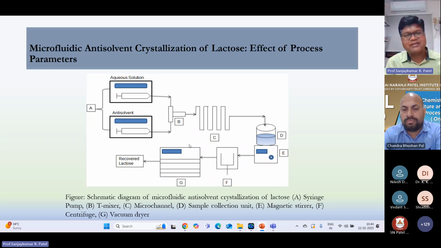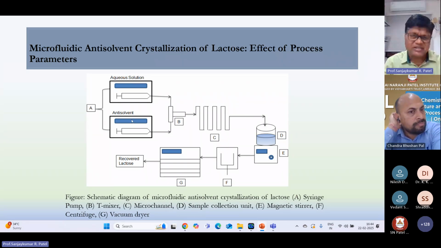So the anti-solvent is going in its layer, and the aqueous solution is also passing through this channel in its layer. Okay, so the mixing here is occurring just because of the diffusion of the solute from the solution to the anti-solvent.